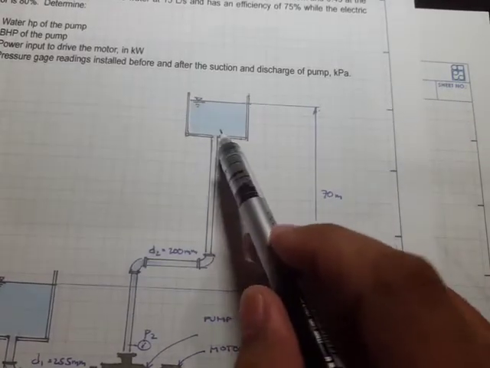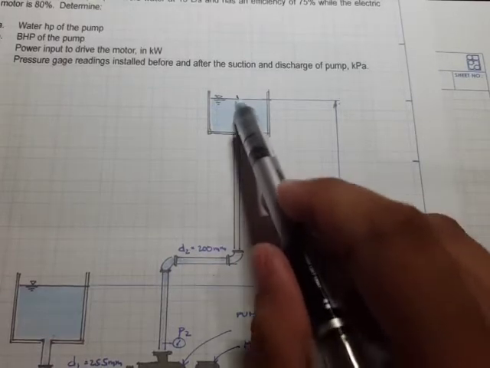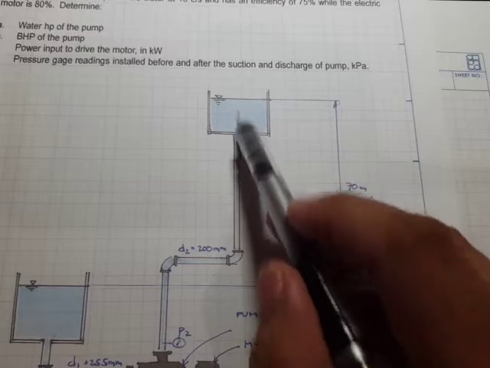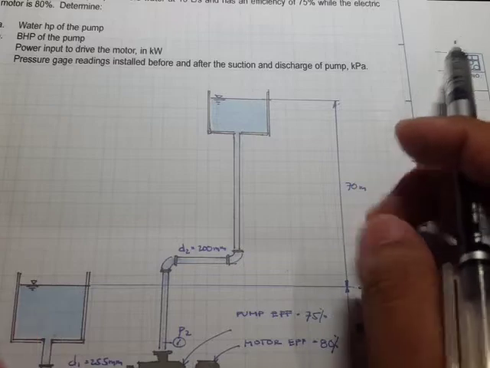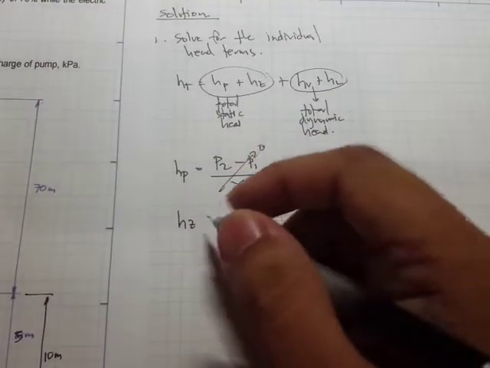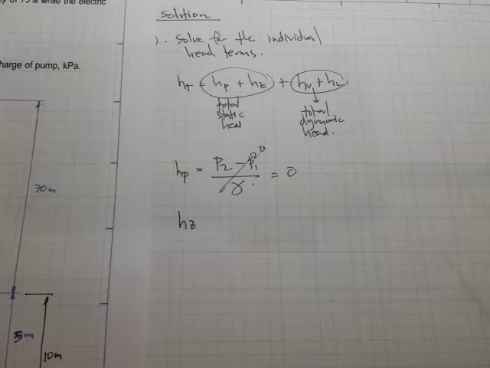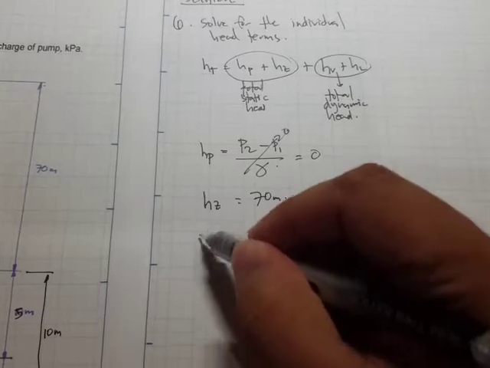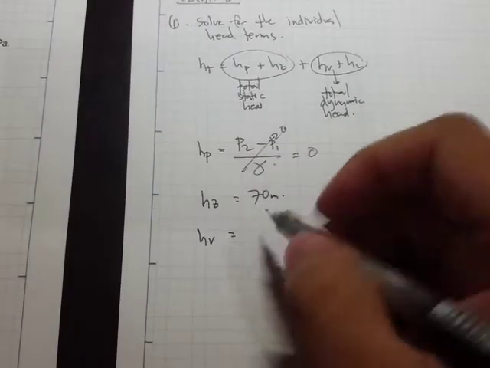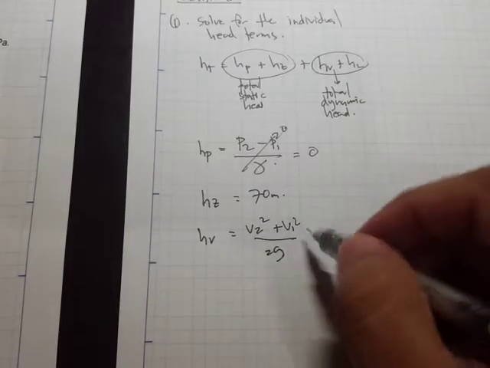So it's not just right here at the end of the discharge pipe, but rather up to here, because there's going to be a head or additional head from this point to that point, right? So that's going to be 70. So H sub Z is 70 meters.